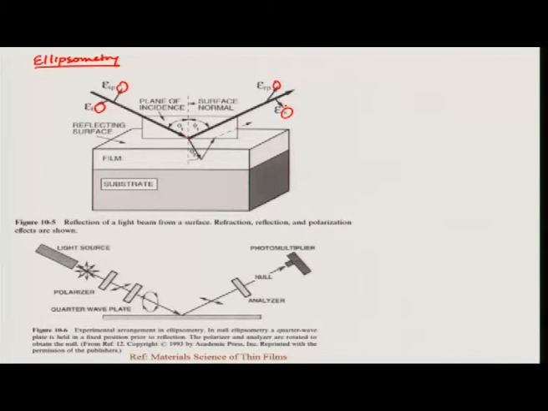Once you have this film, you will get this reflectance from the film top surface, and also from the bottom surface of the film, and the material properties of these two are different. Their refractive indices are different.